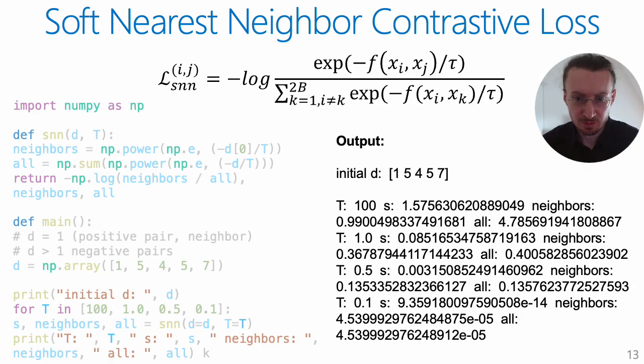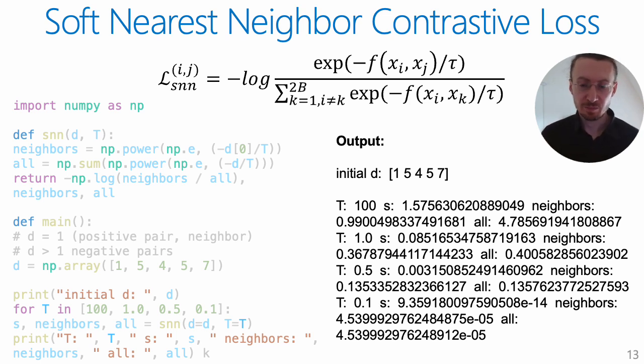Here is an example of the soft nearest neighbor loss. The code on the left-hand side implements the equation. The output on the right-hand side is what we want to analyze. So we start from simple distances recorded for the positive pairs, which is simply 1. The distances for the negative pairs are set arbitrarily to 5, 4, 5, 7, just larger distances than for the positive pairs.